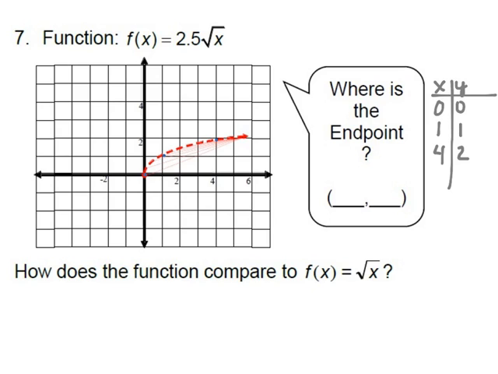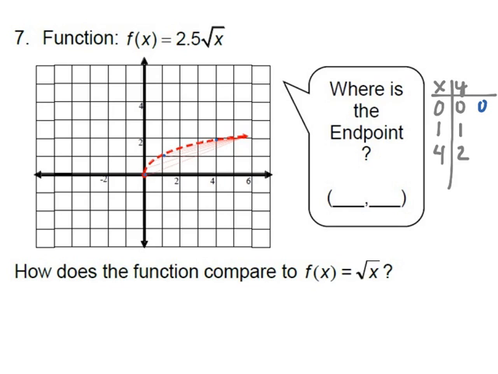So what we're going to do in order to stretch this graph out vertically is we're going to take the y values, which as you can see in my table are 0, 1, and 2, and we're going to multiply those y values by 2.5. That's the number in front of the square root. That's how much we're going to stretch it out. So let's start with the 0. If I multiply 0 times 2.5, that's still a 0.